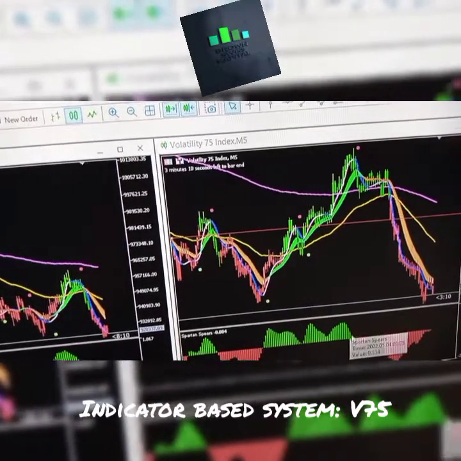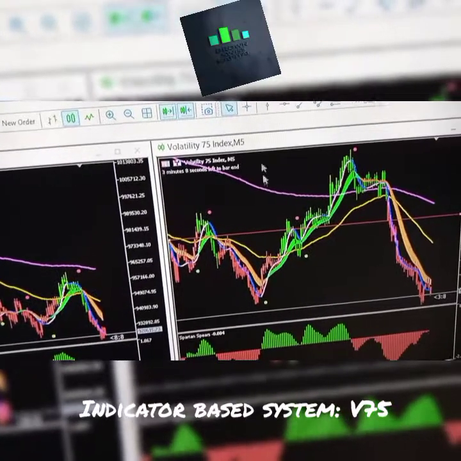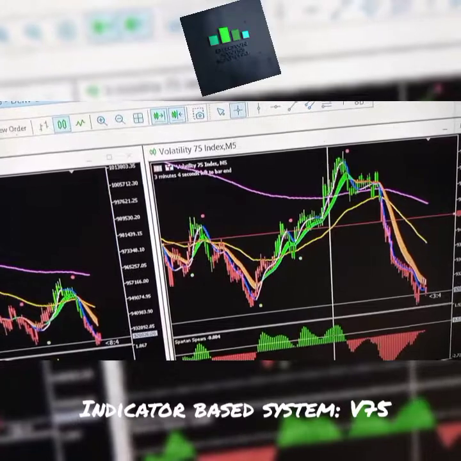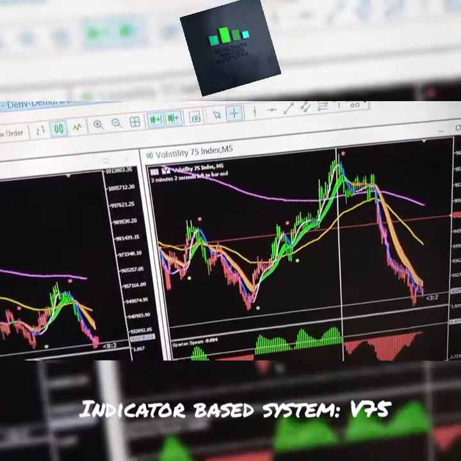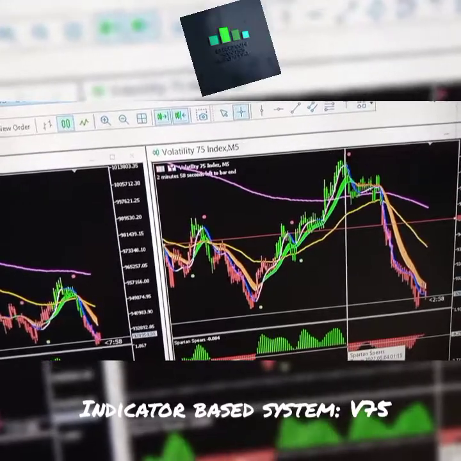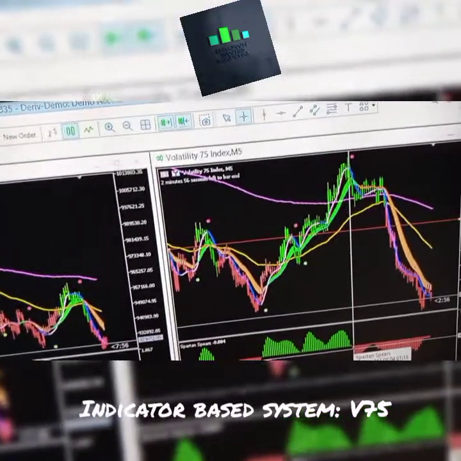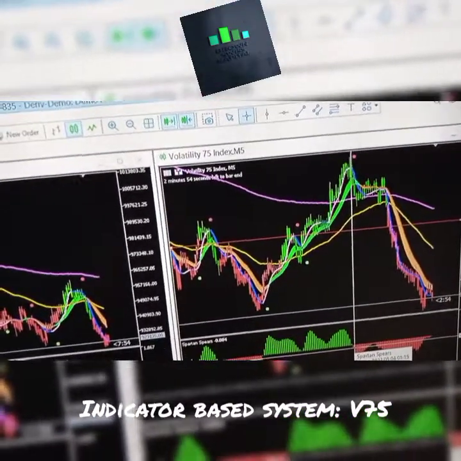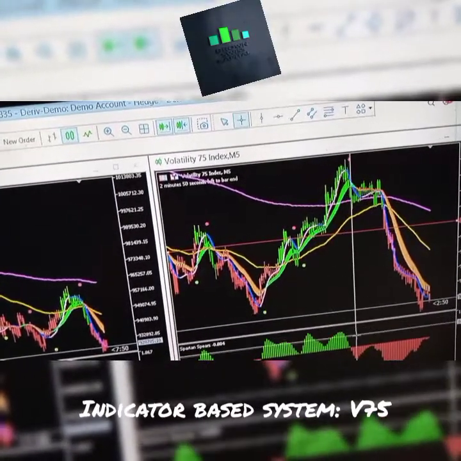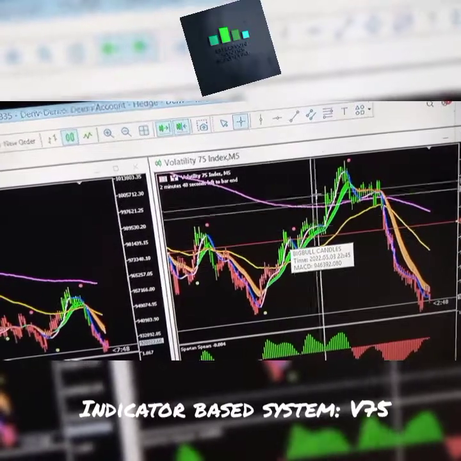You'll exit only here when you see a change from bullish momentum and it prints a bearish bar. That's where you exit, and you would have taken this whole move.